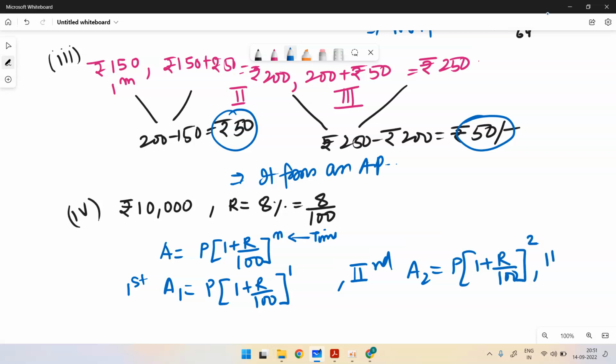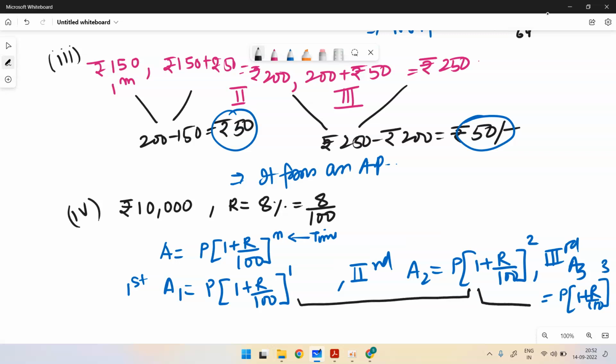And for the third year, the amount will be A3, nothing but P into 1 plus R by 100 whole cube. So if you see directly, this is not linear, so the common difference will not be the same. Hence, this is not an AP.